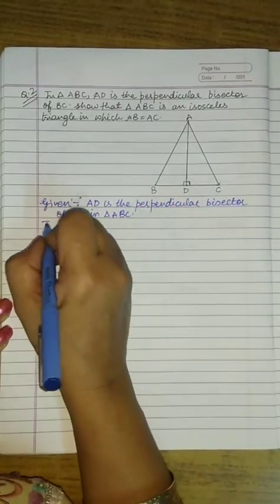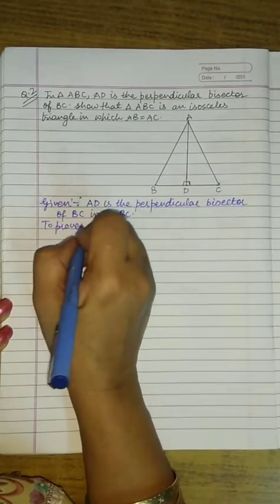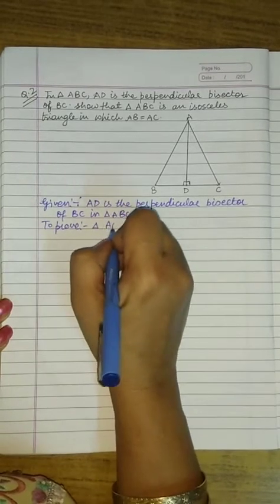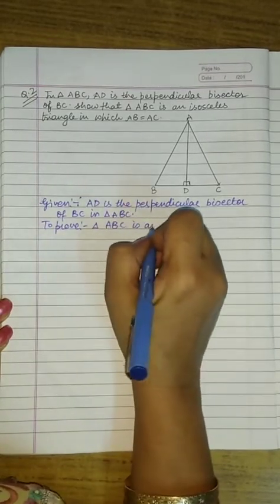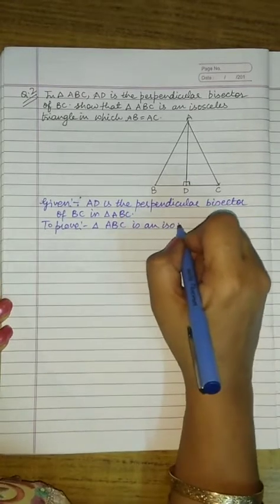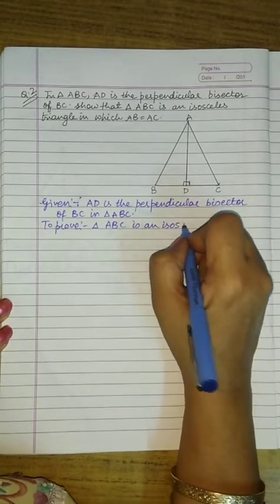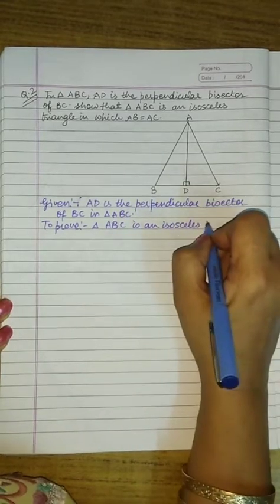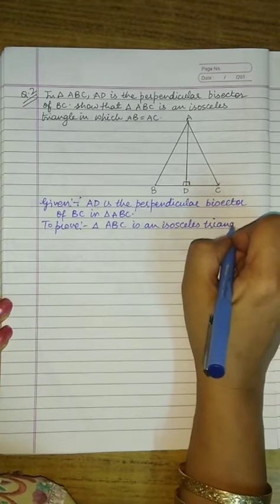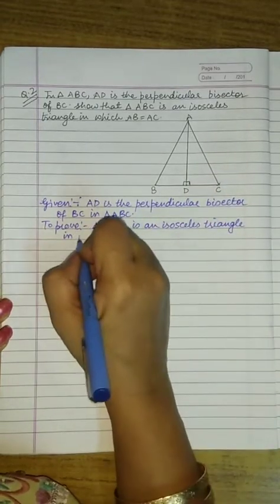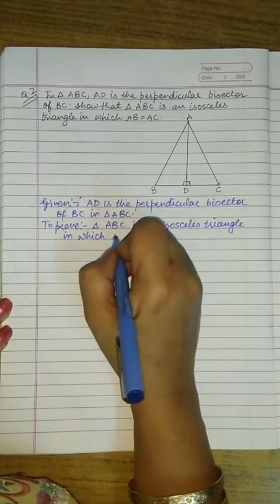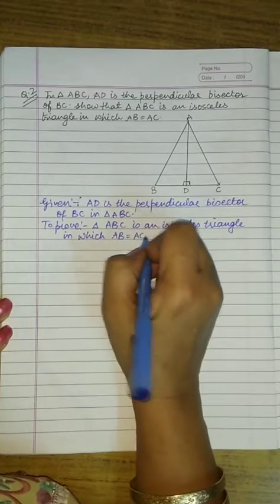So what do we have to prove? We have to prove triangle ABC is an isosceles triangle, in which we have to prove that AB is equal to AC.